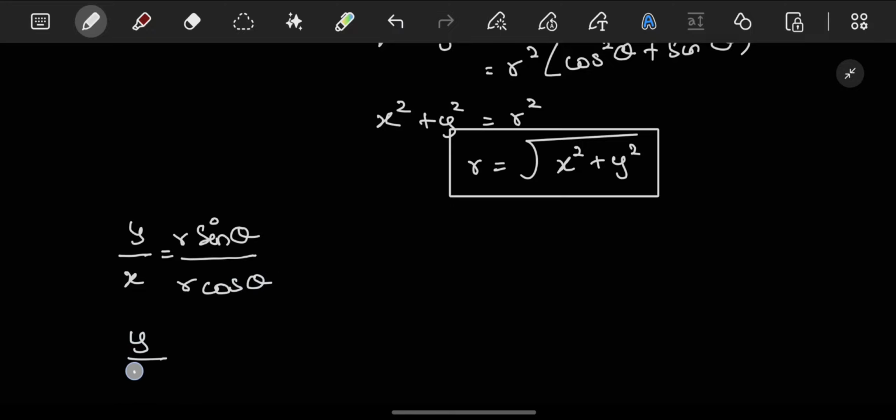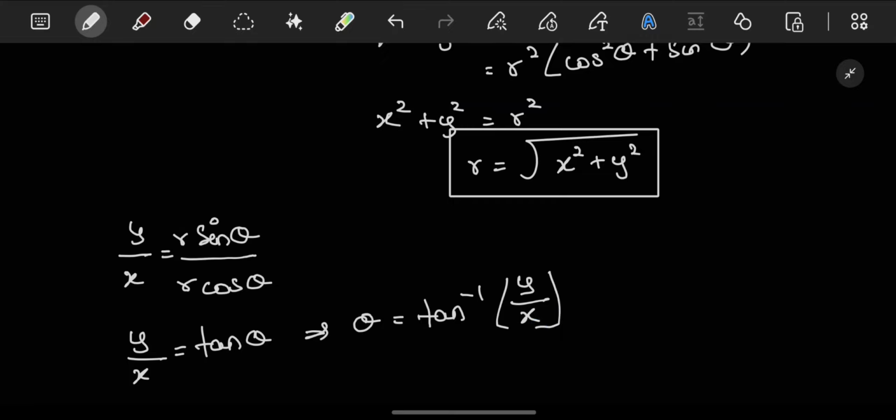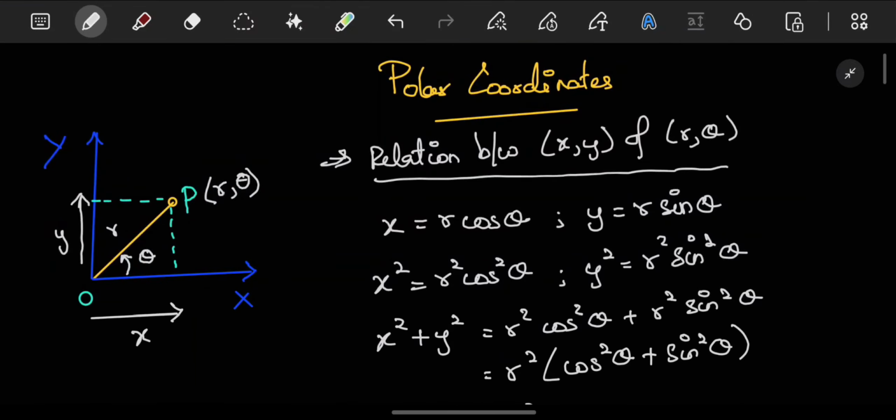So what we'll get, y by x is equal to tan theta, which implies that theta is equal to tan inverse of y by x. So now we have found the values of r and theta. Before moving to the position coordinates, we have to find the values of each unit vector which is acting on this particle P, on point P.